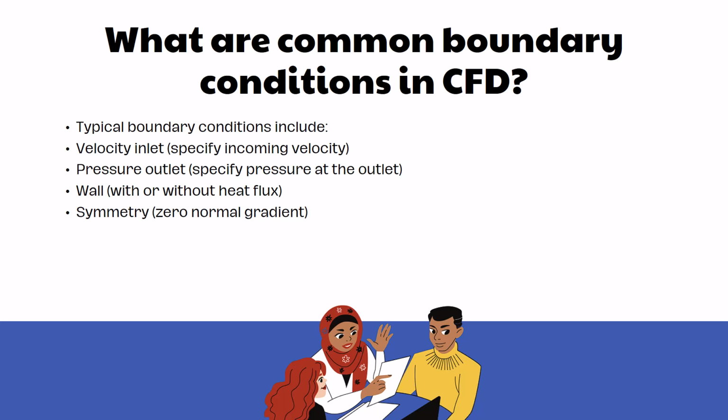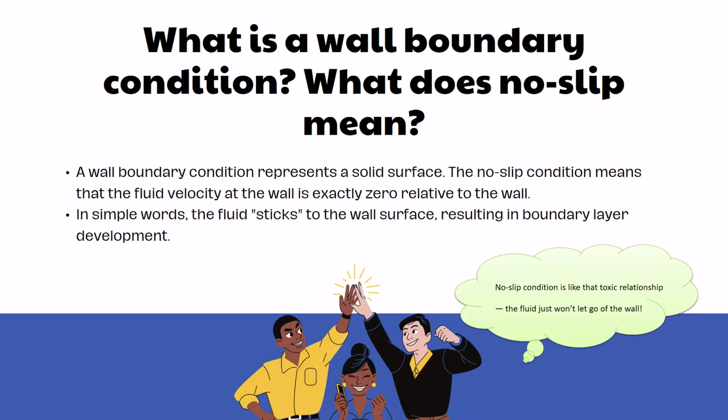Next question is, what is wall boundary condition and what does no slip mean? So a wall boundary condition represents a solid surface. So whenever there will be one solid surface, it will have a no slip condition, which is that fluid velocity will be zero relative to that wall. That means that at the exact location of the wall, the fluid velocity will be zero and it will grow gradually as we move away from the wall.